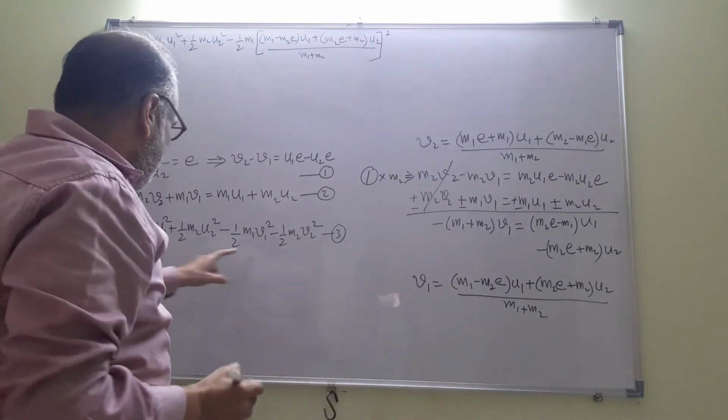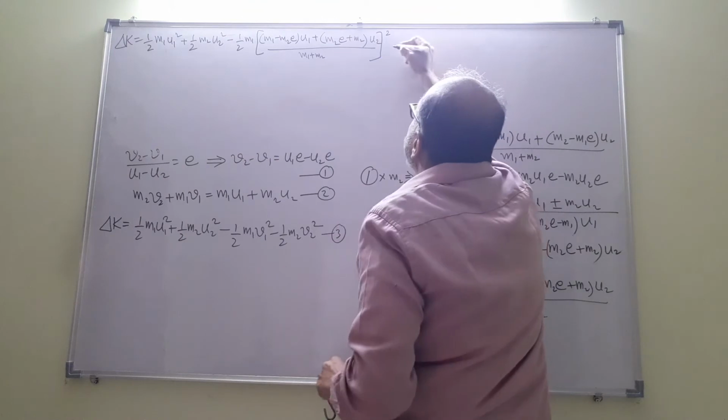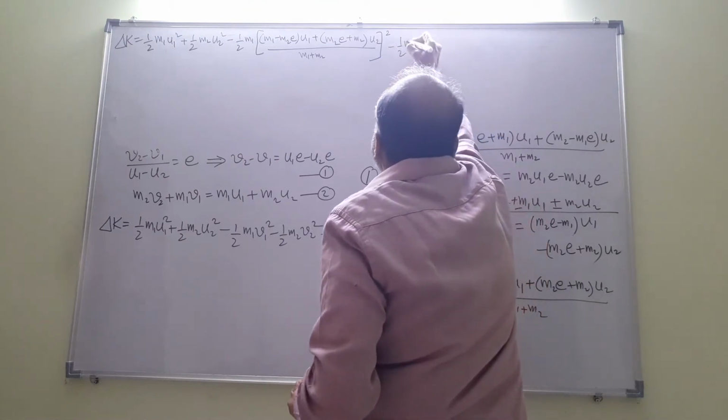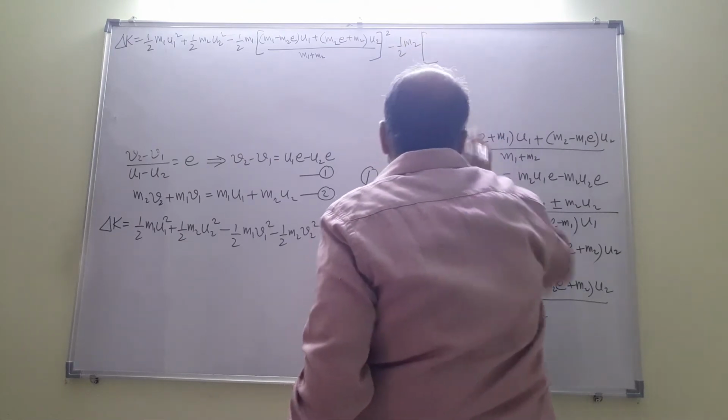Now we'll write the half m2 v2 squared. So this will be half m2 for v2 squared.